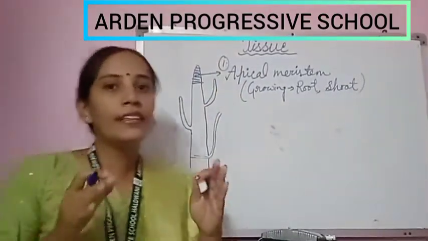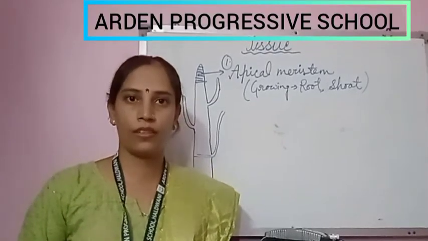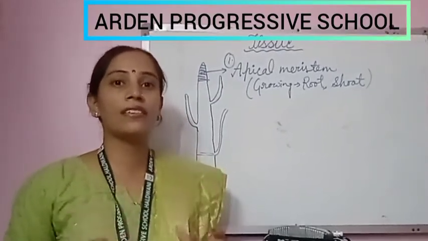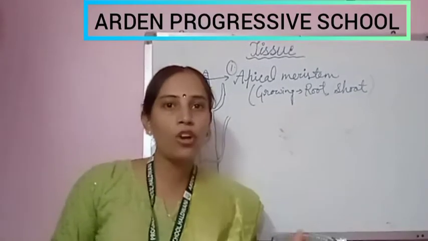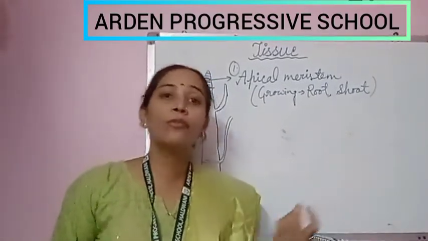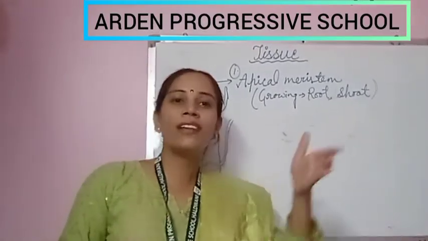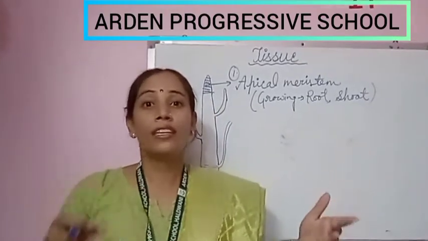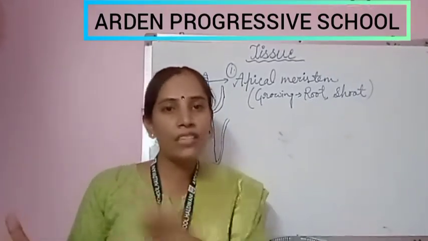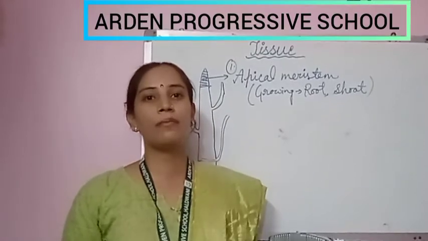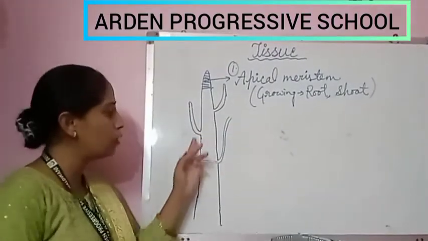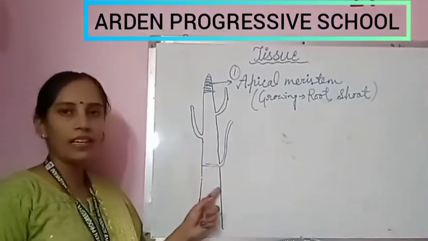Next is intercalary meristem. Students, intercalary meristem is present at the base of the bud or the new branches, from where the new branches arise. Suppose you take the example of these two branches. The two branches arise from here.